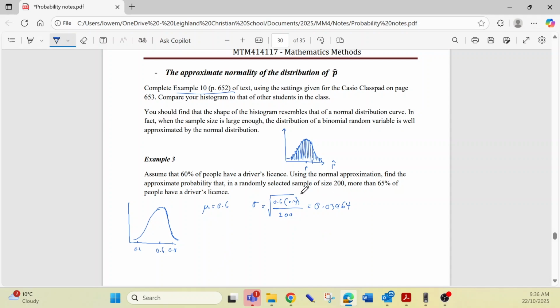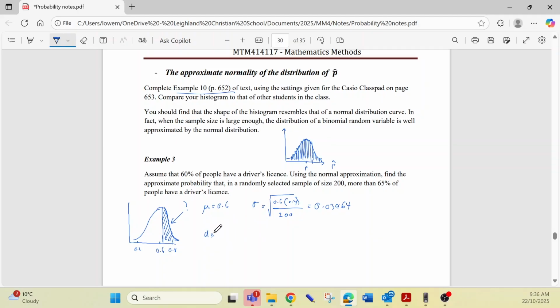And then we're wanting to find the probability that more than 65% have a driver's license. In other words, here's 65%, say. We're looking at more than 65%. So we want that probability. What's that area under the curve there?